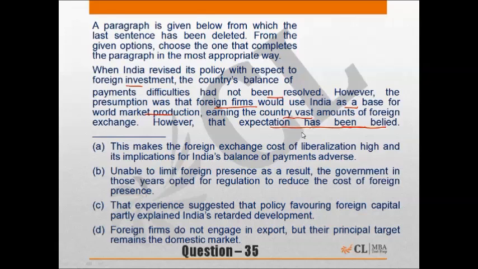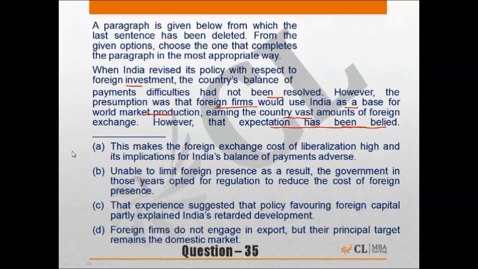So logically, next we should have some data which suggests why it has been belied or how it could be improved, or an example of how it has been belied. So let's look at the choices before we find the answer. Choice A. This makes the foreign exchange cost of liberalization high and its implication upon India's balance of payment adverse.